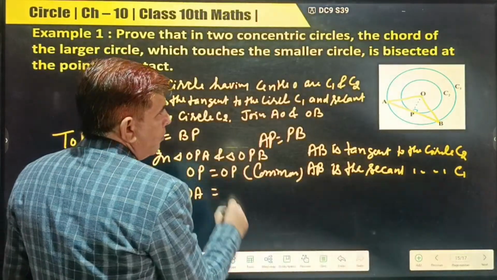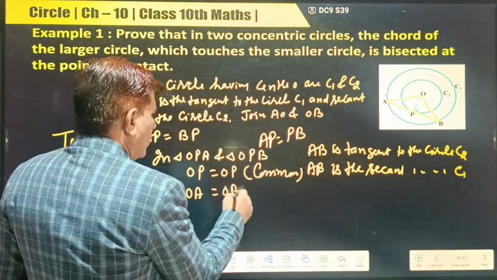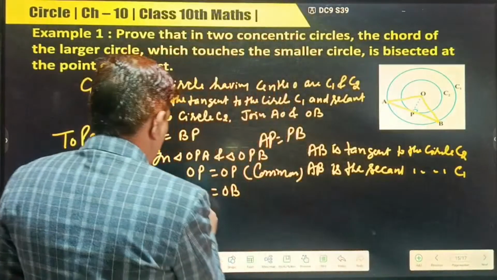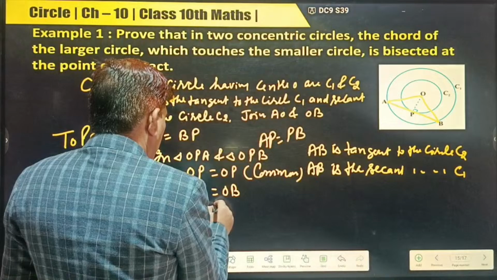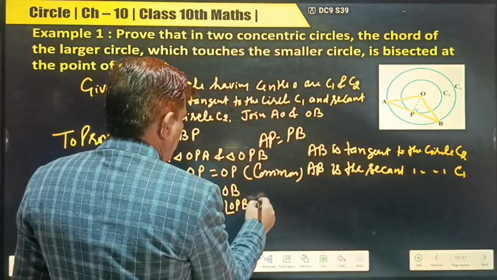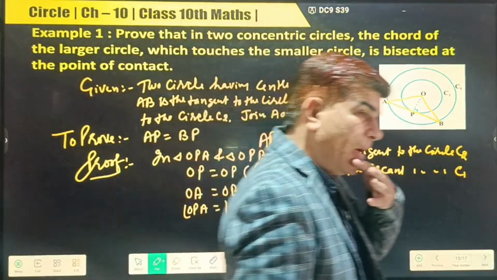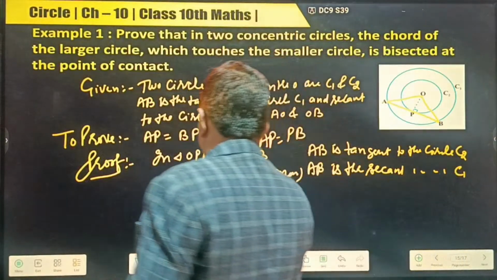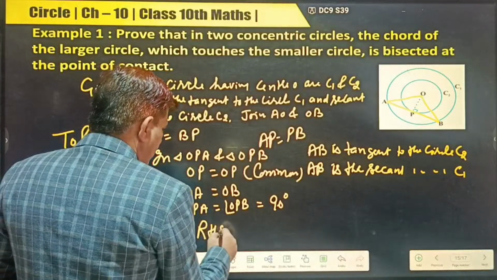OA equal to what? OB. Angle OPA equal to angle OPB, each 90 degrees. Again by what? By RHS congruence rule.